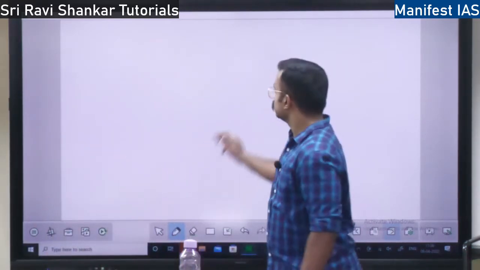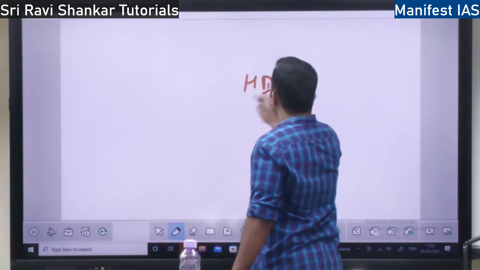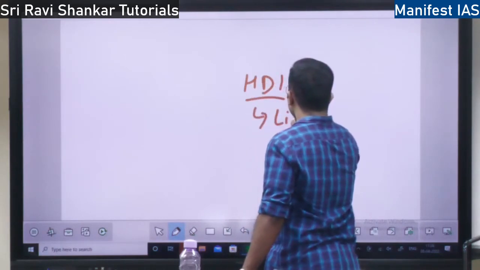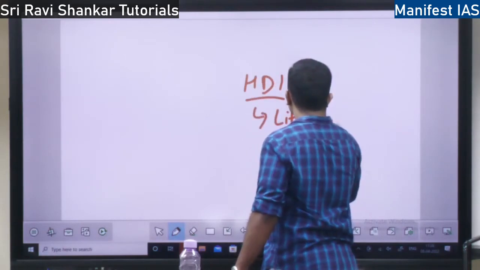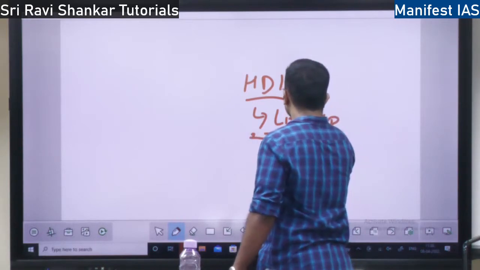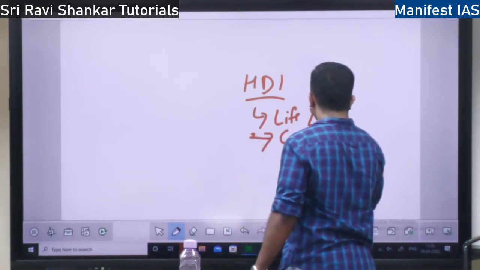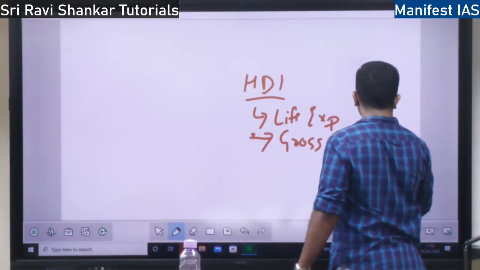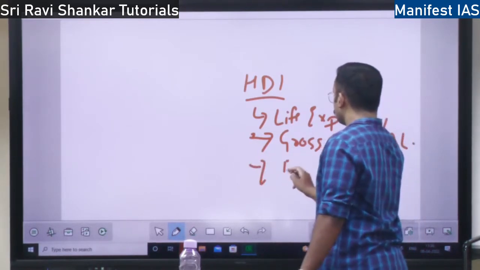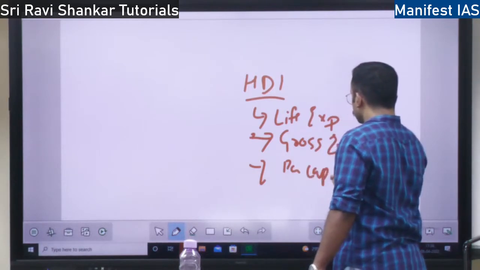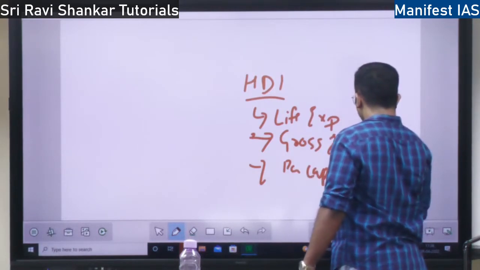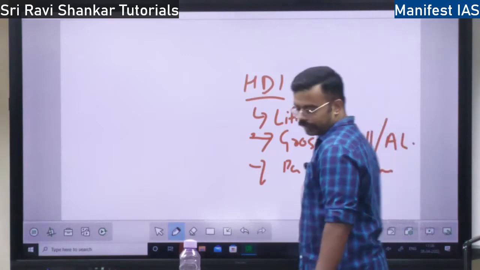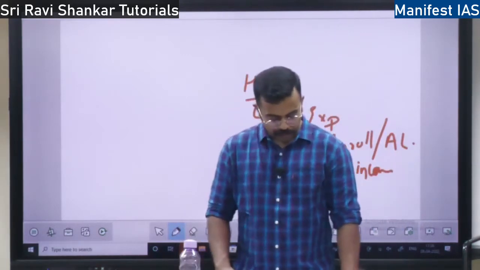Three indicators: life expectancy first, second is education, gross enrollment, how many people are enrolling in school, and adult literacy, third is per capita income. So these are the three indicators based on which the Human Development Index is calculated, right?